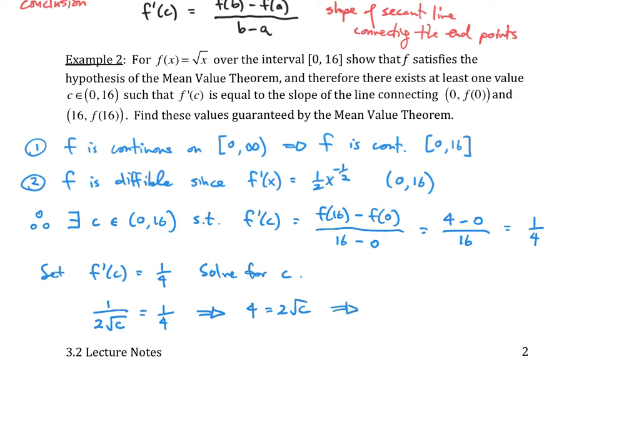Dividing both sides by 2 gives me 2 is equal to the square root of C. And when I square both sides, that's going to give me C is equal to 4. Okay, so now we've found the point that has the same slope as the slope of the secant line connecting the two endpoints of our curve on the interval from 0 to 16.